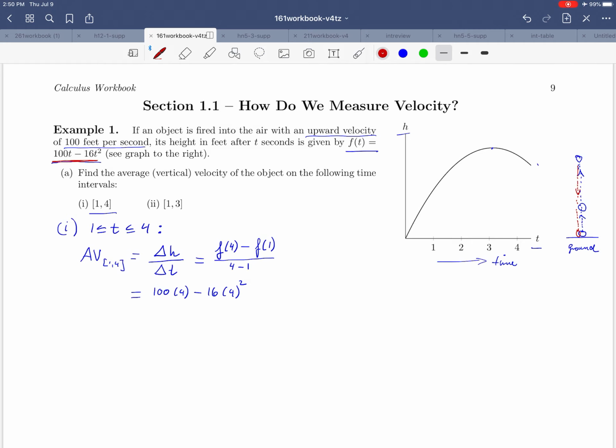Right here is the formula for our function, and that is f of 4. And then we are subtracting f of 1, which is 100 times 1 minus 16 times 1 squared. And all of that is divided by 4 minus 1, which is 3.